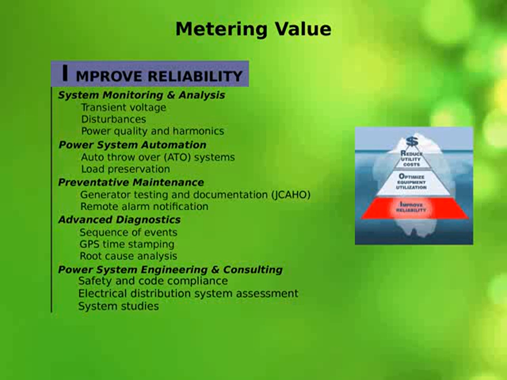Also GPS time stamping, where you're really needing very, very finite time stamping capability down to the millisecond. And also root cause analysis, finding out what occurred. Without sequence of events recording, and sometimes GPS time stamping, that root cause analysis, you're just not going to have enough information to diagnose that problem.